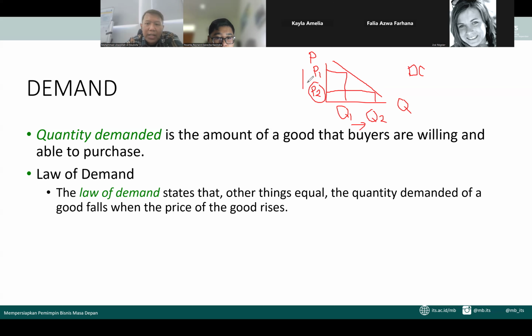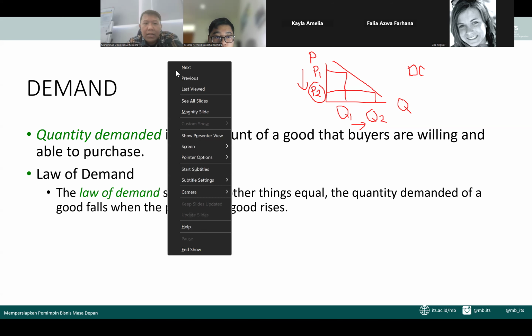So a decrease in price will lead to an increase in quantity demanded, because the demand curve is downward sloping. Meaning if we have a decrease in price, then the quantity demanded will increase.